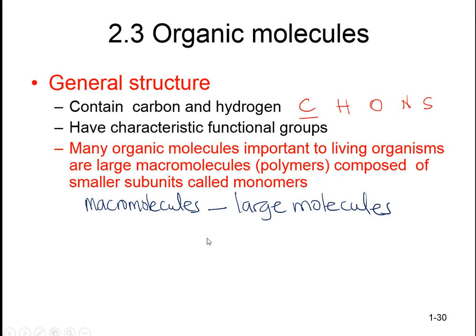So a lot of organic compounds are composed of these large molecules we call macromolecules. So a macromolecule is a polymer. Another definition that you need to write down.